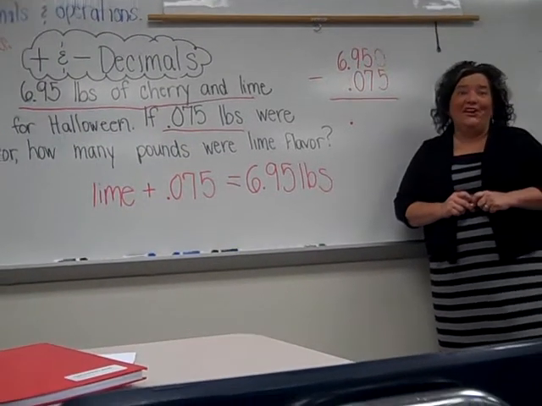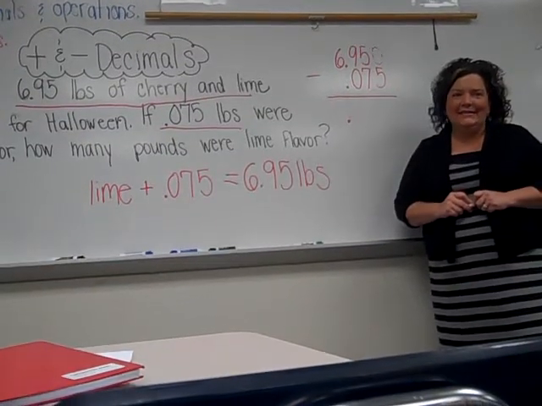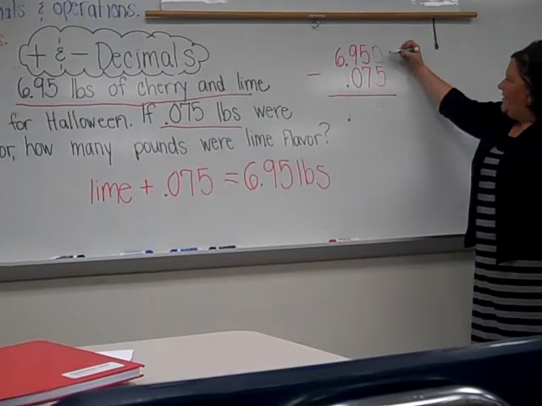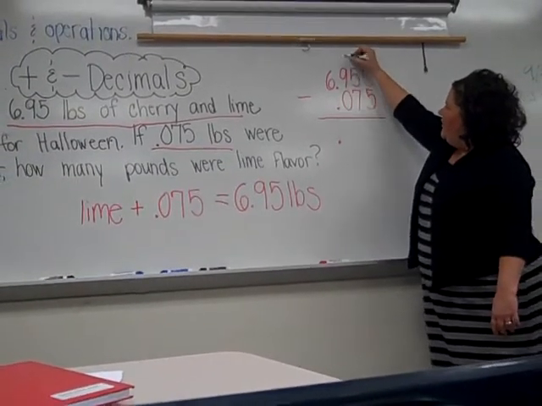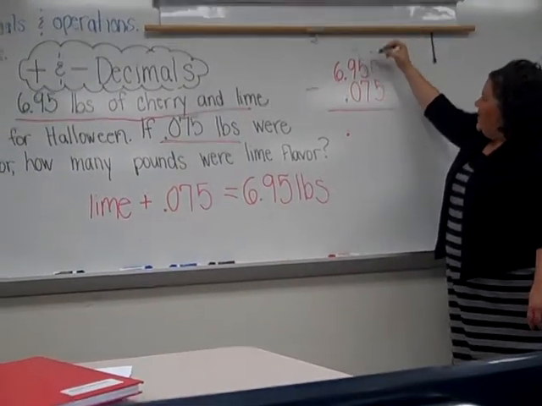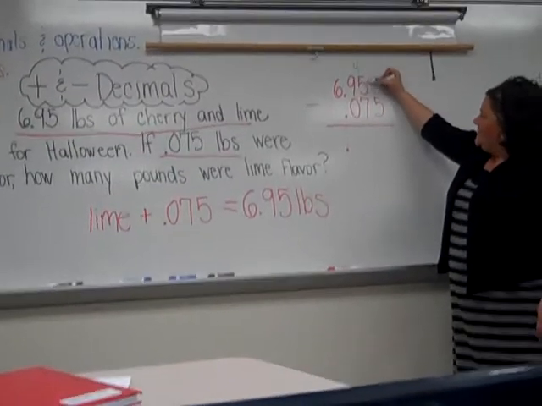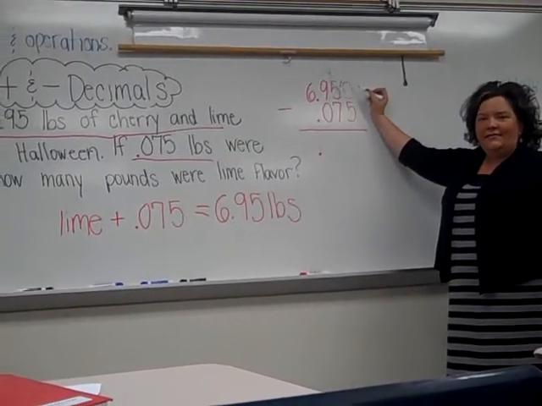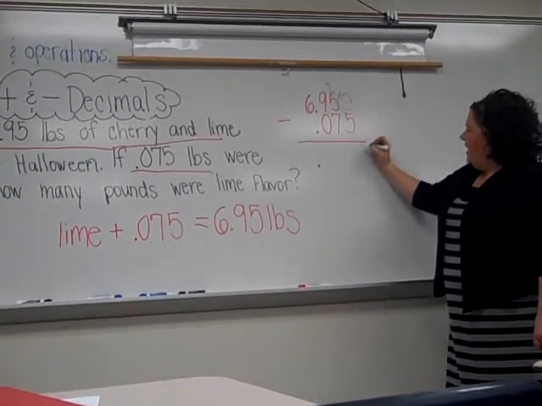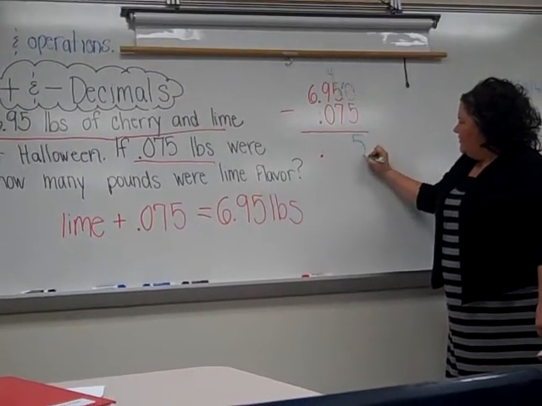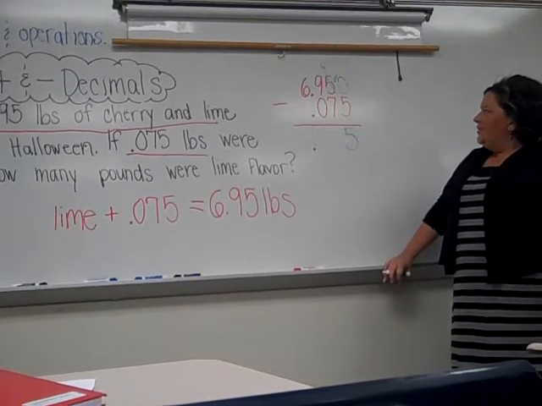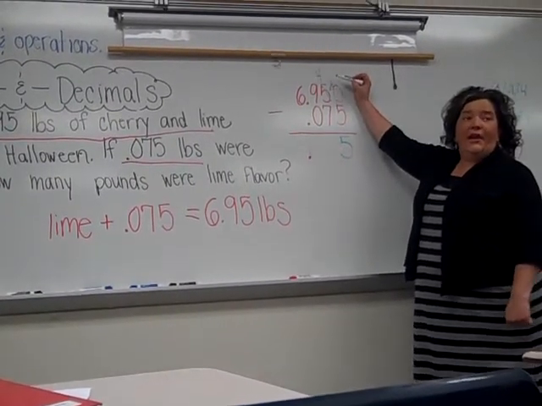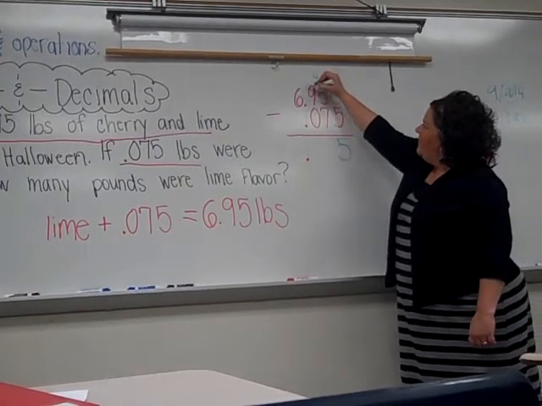We're going to go ahead and solve. You ready? I can't take 5 from 0, so I'm going to borrow from the 4. I'm going to take that 1 from the 5 and place it next to the 0, which now becomes a 10. 10 minus 5? 5. Ooh, I'm scared because I can't take 7 from 4, so we're going to have to borrow again.